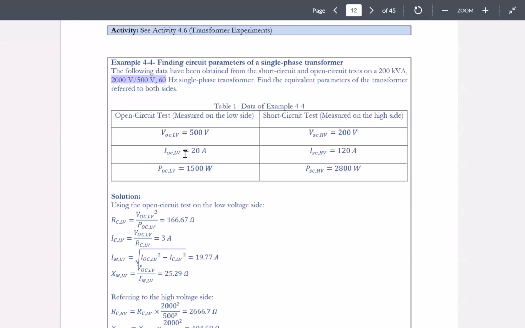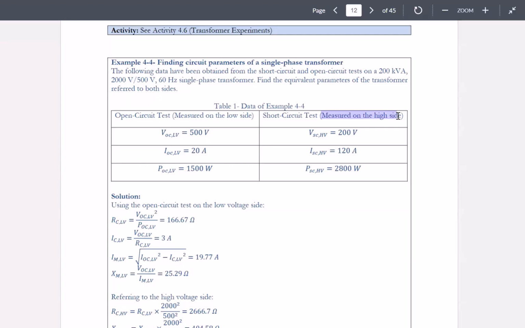If you're applying the open circuit test on the low side, the values that you find would be R_C and X_M referred to the low side. Also, on the short circuit test, because you're doing that on the high side, the R_SE and X_SE that you calculate would be referred to the high voltage side.